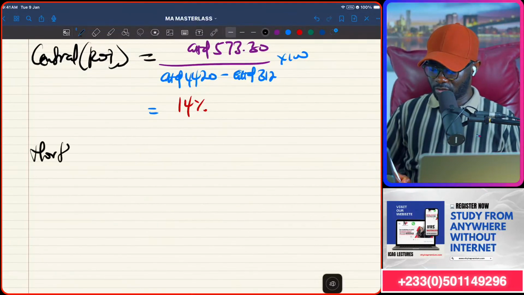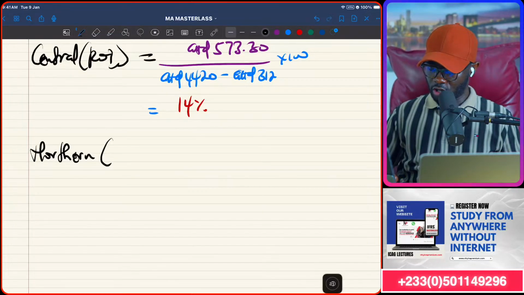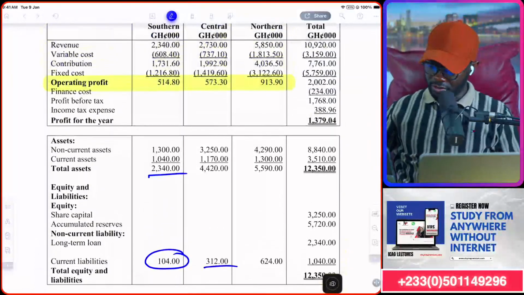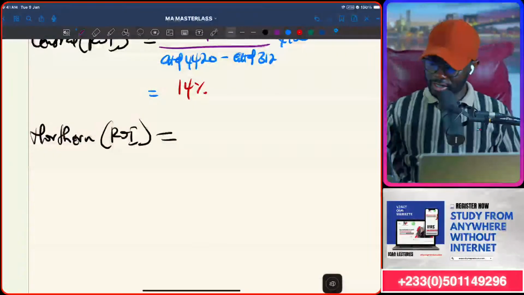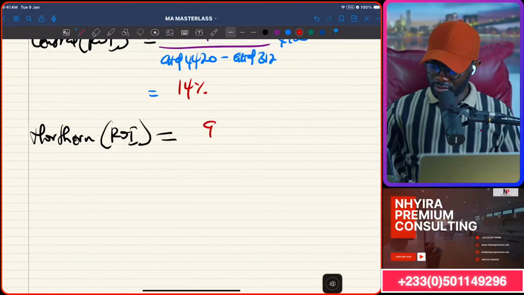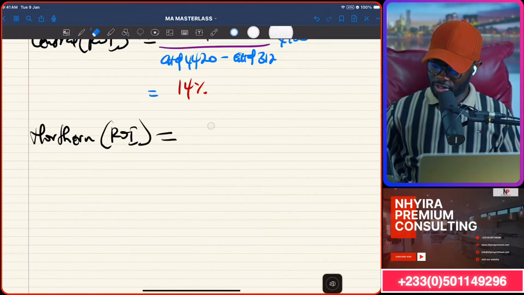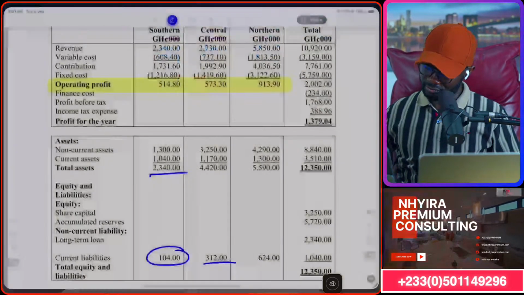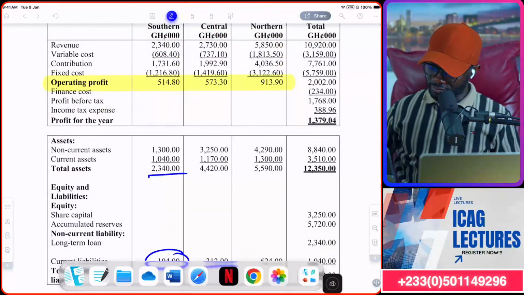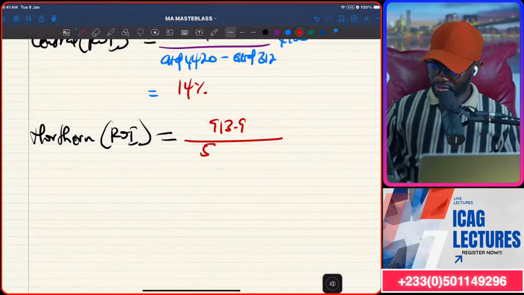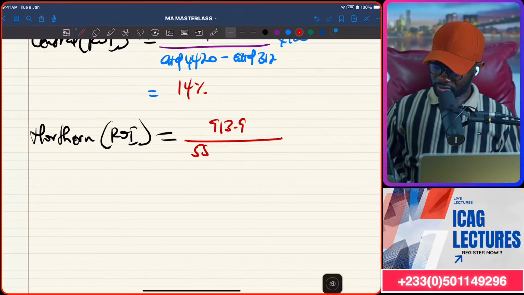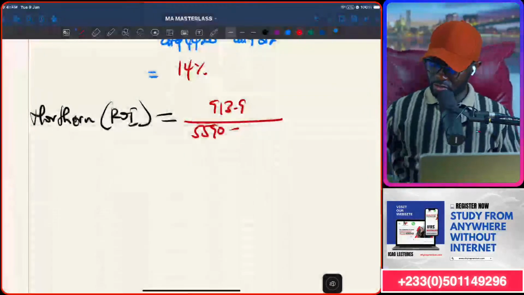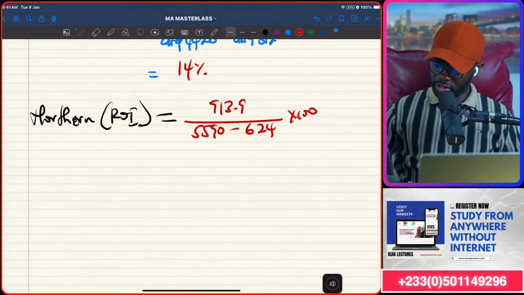Then the last one is going to be the northern territory. Same idea for the northern territory. 913.9. Let me even stop writing these currencies so that I can go straight up. So 913.9 divided by total assets of 5590 minus the current liabilities of 624, times 100.